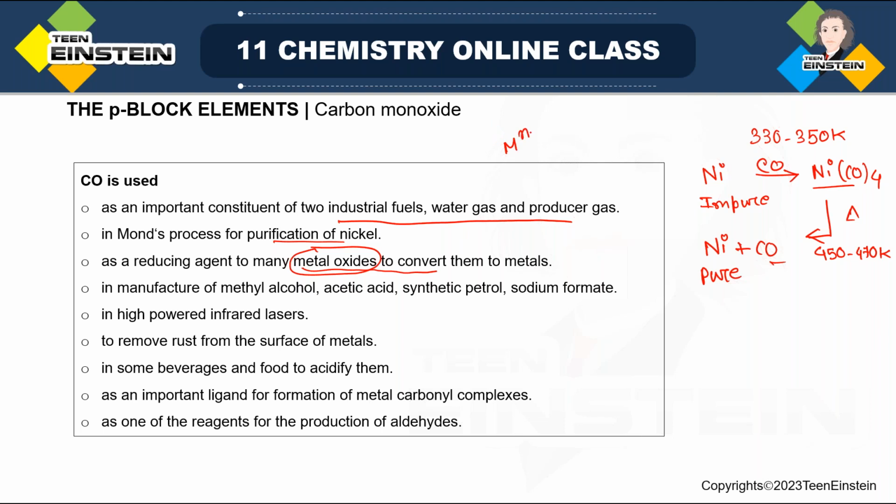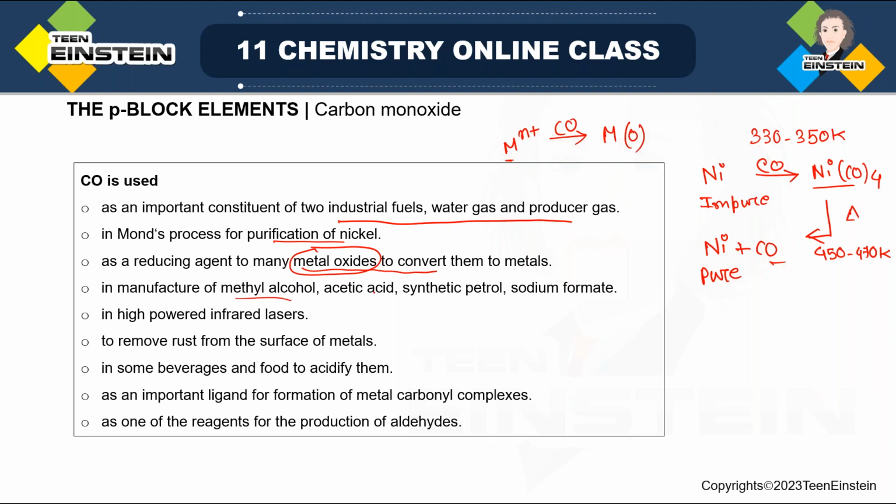Suppose I am writing here Mn+ oxidation state. Now in presence of CO, this M will be converted to metallic state, that is 0 oxidation state. So what is the role of CO? CO is basically acting as reducing agent. It is providing electrons to Mn+. In this way, we can use it as a reducing agent in metallurgy.